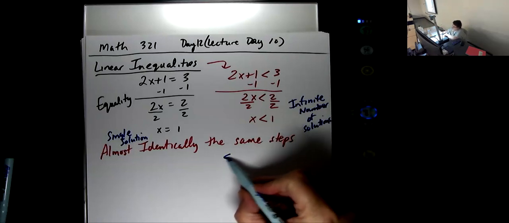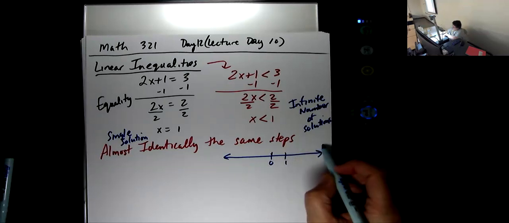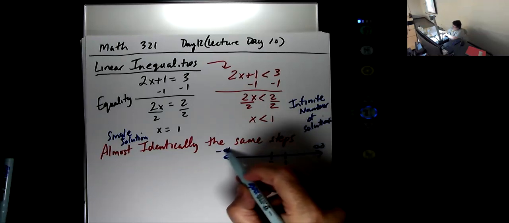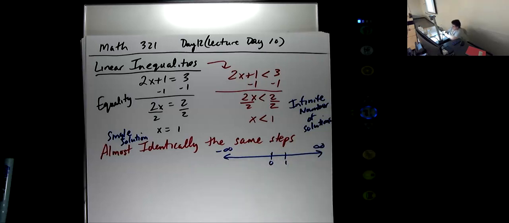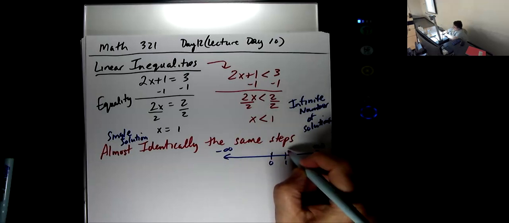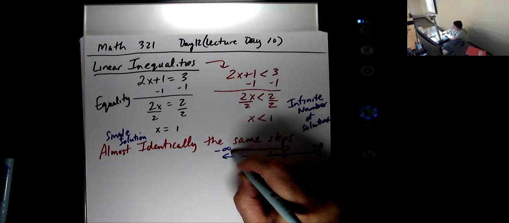We could still do our little number line, 0 and 1, with plus infinity and minus infinity on there. And we can do our picture: put a circle above the 1 and then draw the arrow left.